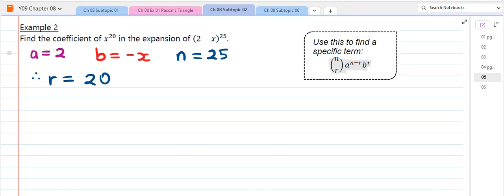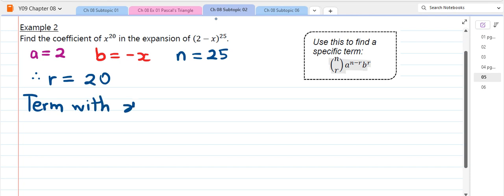Now you just have to write down and use this formula to find the term that contains x to the power of 20. The n is 25, C, and your r is 20, so 25C20.